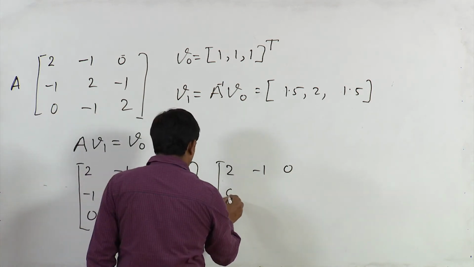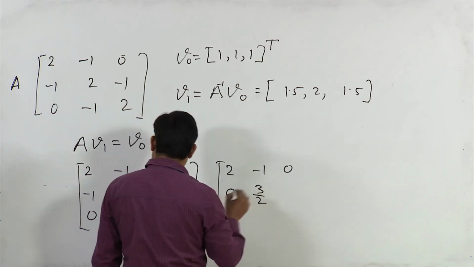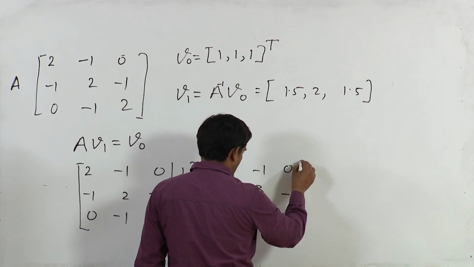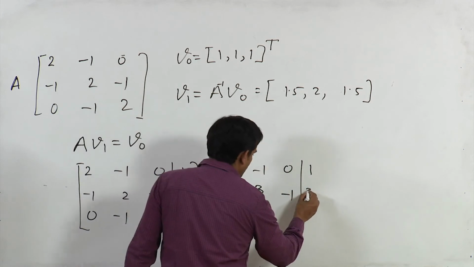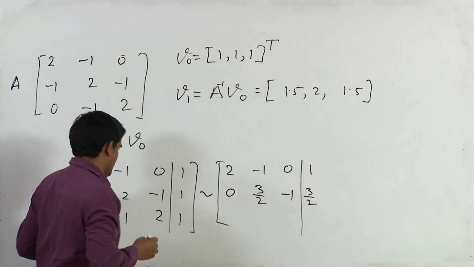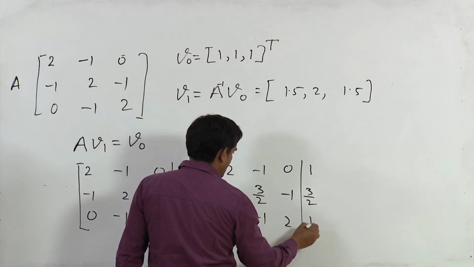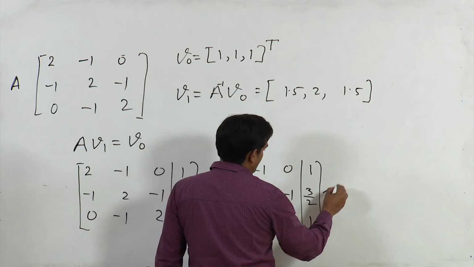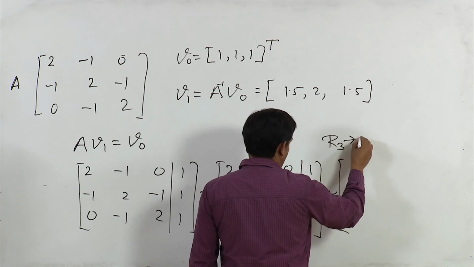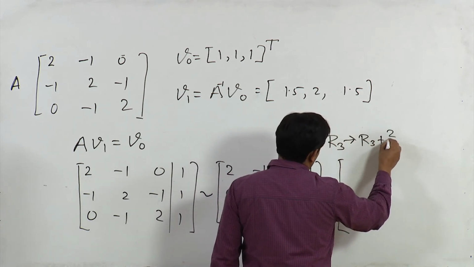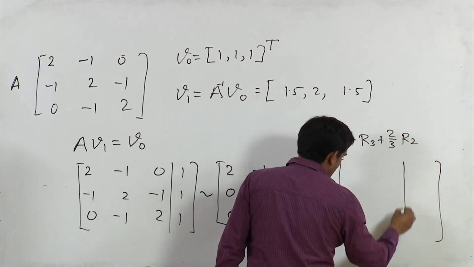So, this will be 0, 2 minus 1 by 2 will be 3 by 2, minus 1, 1 plus 1 by 2 will be 3 by 2, then this is already 0, minus 1, 2, 1, and then this can be changed just by R3 replaced by R3 plus 2 by 3 R2 by using this elementary row operation.